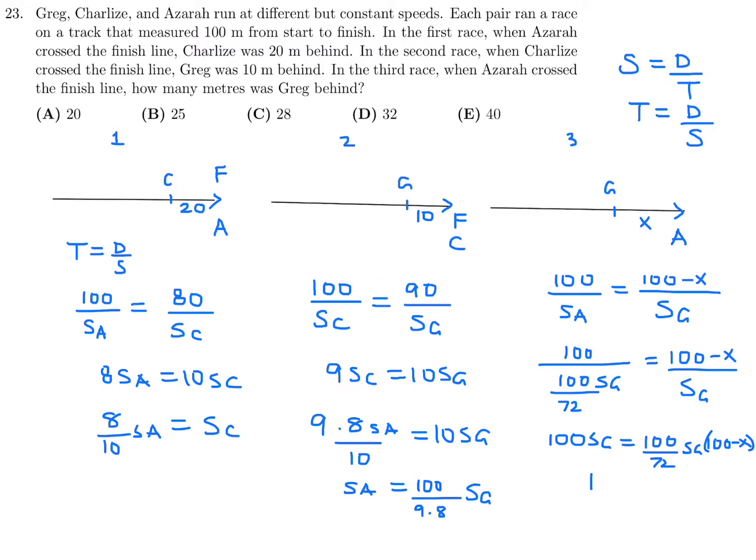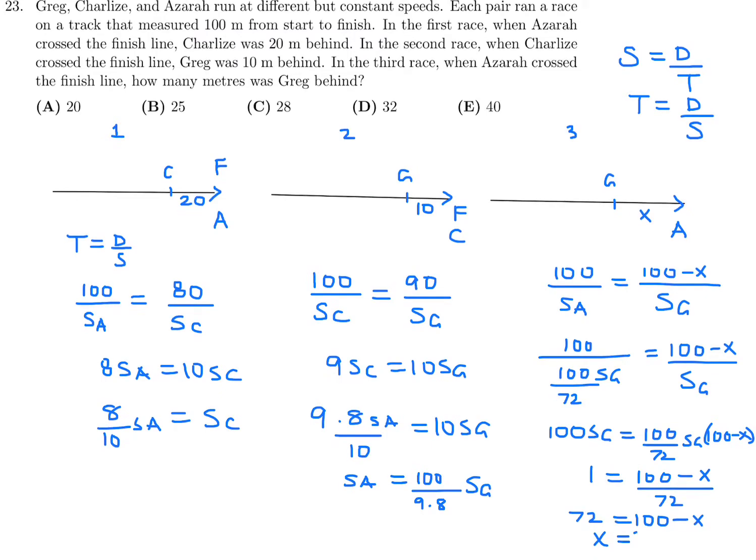So all I have left is 1 is equal to 100 minus X over 72. And therefore 72 is equal to 100 minus X, and therefore X is equal to 28. So that answers my question.